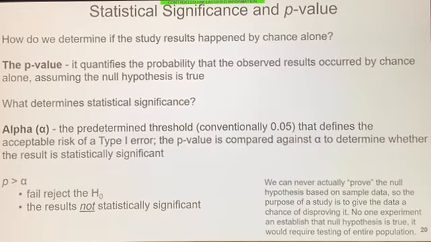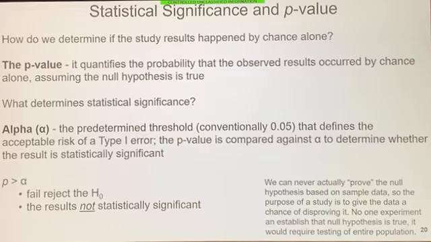If a p-value is less than or equal to 0.05, we deem that statistically significant. If the p-value is greater than 0.05, then of course we would retain or fail to reject the null hypothesis, because the data from our sample was not statistically significant.